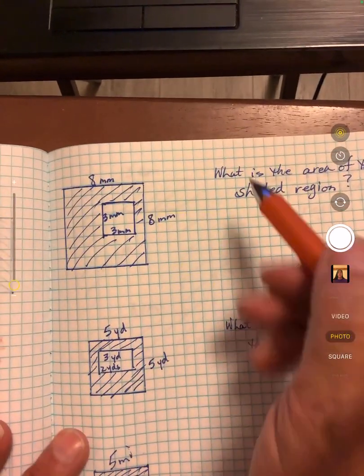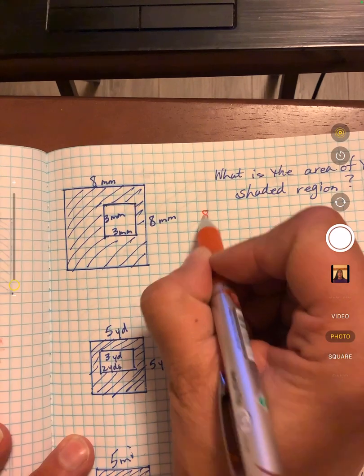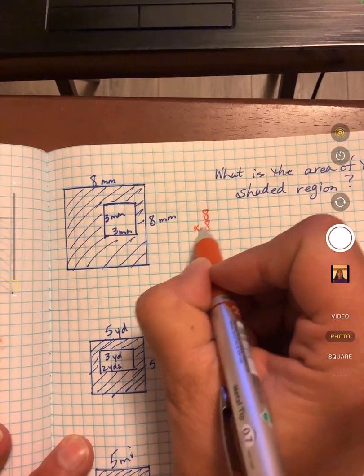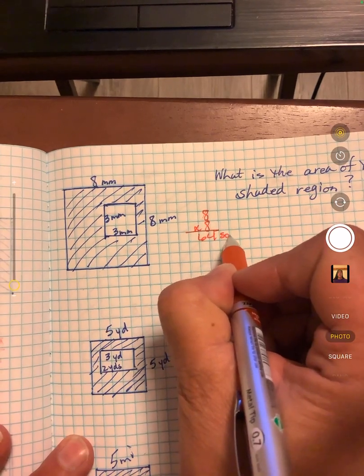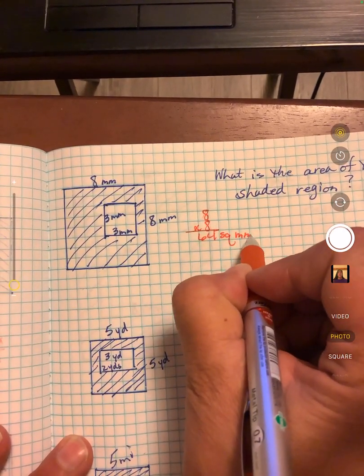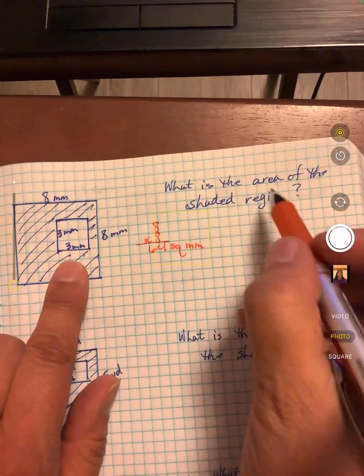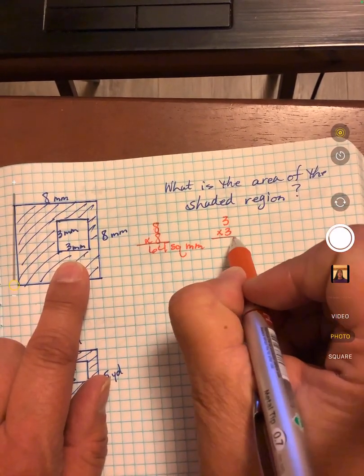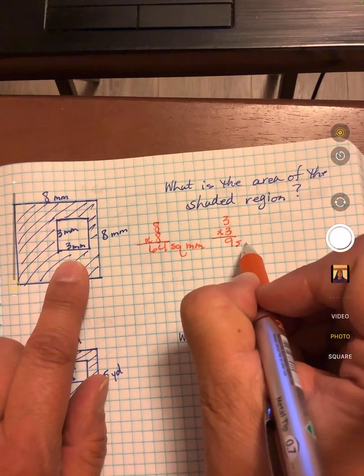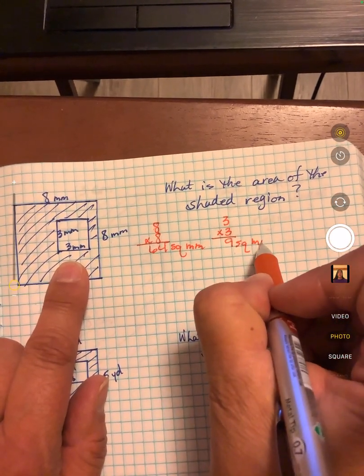Figure out the outside square, so 8 times 8 is 64 square millimeters. Then I have 3 times 3, and that's 9 square millimeters.